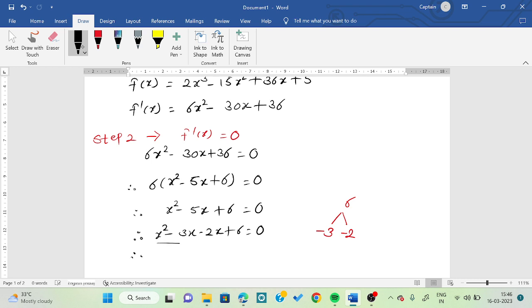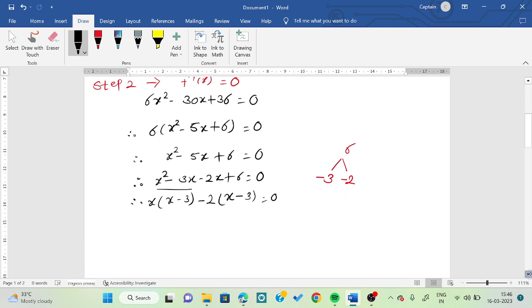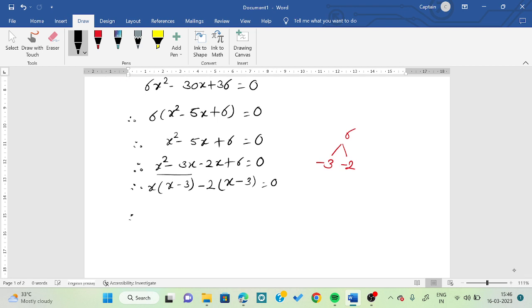Then we can take x common from this, and we will have x minus 3, and if I take minus 2 common in the other part, then we have x minus 3, equal to 0. Now in this factorization, finally we are getting x minus 3 and x minus 2 equal to 0.